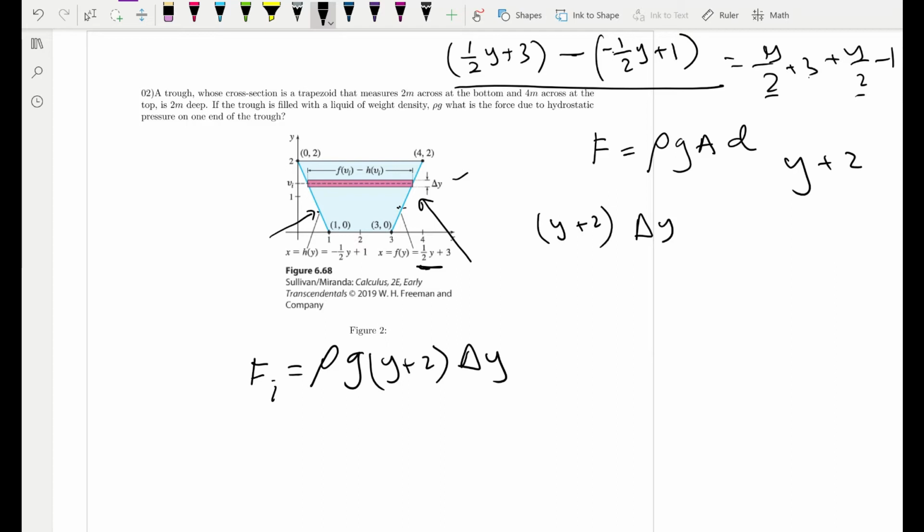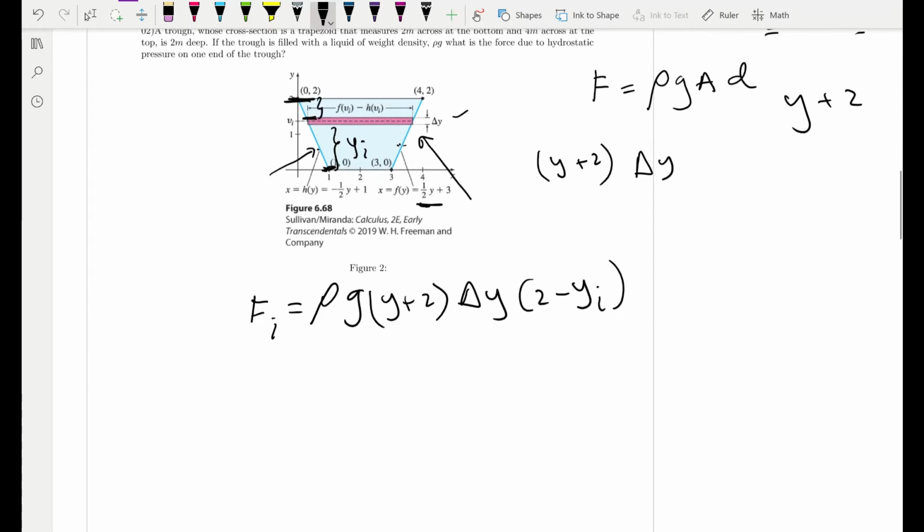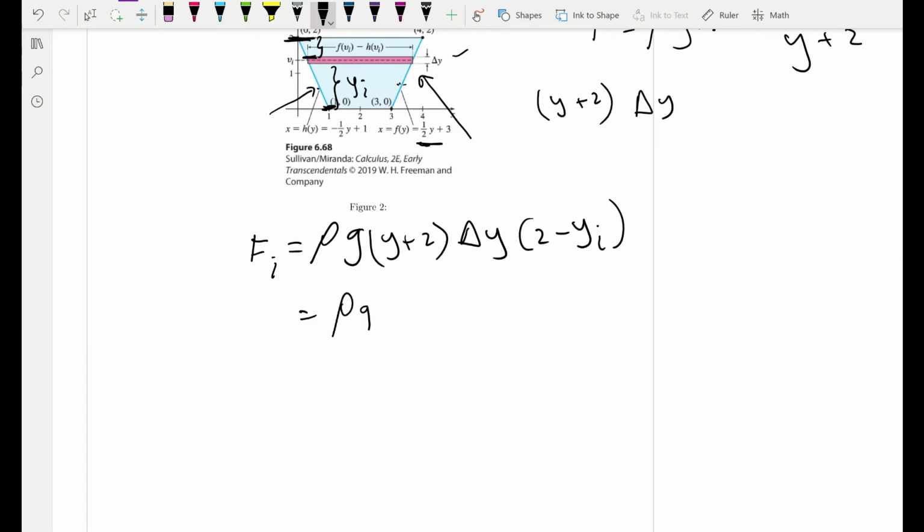Then the height: remember we call the distance from the zero level to the slice yi. The total height is 2, so the depth of the slice from the top is 2 minus yi. Organizing this, rho g (y plus 2)(2 minus yi) delta y is the force acting upon this slice.